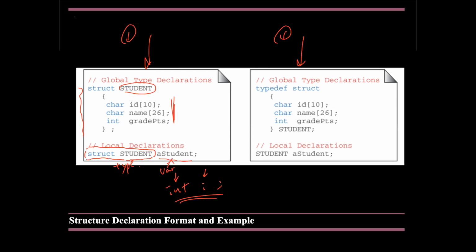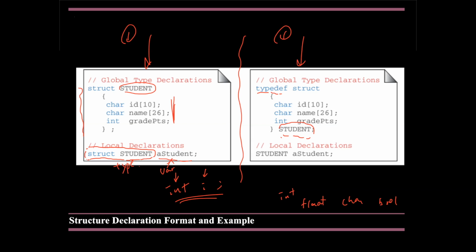This is one method, and the other method is using typedef. If you typedef a structure, you give this type a name, just like int, float, char, or Boolean. In C99 forward, you can have Boolean as well in C. These are native types, but you can define your own user type. This is your user-defined type called student.